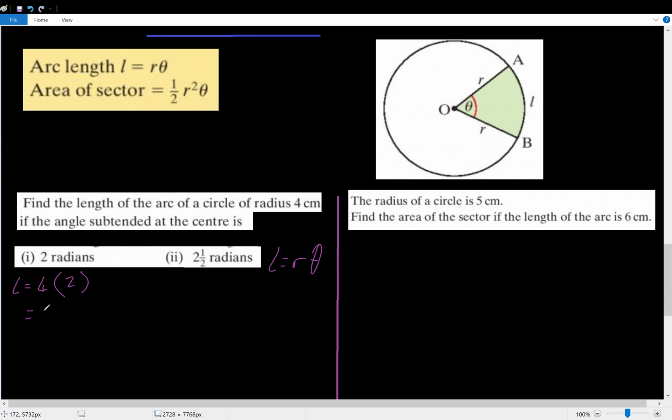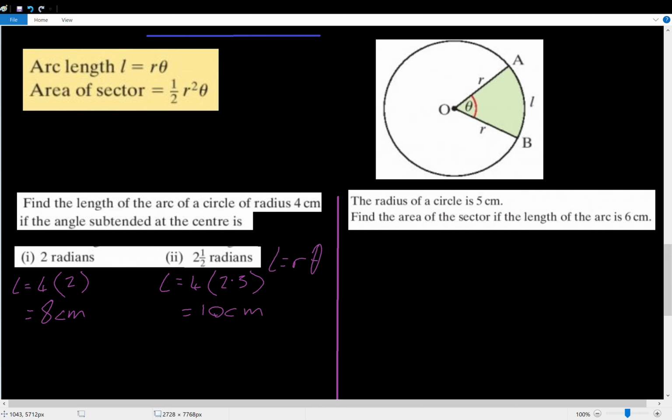So it's just going to be equal to 8 centimeters, like that. And for our next one, since we know again that L is equal to the radius times theta, where theta is in radians, our L this time is going to be equal to 4 times 2.5, which is just going to give us 10 centimeters.